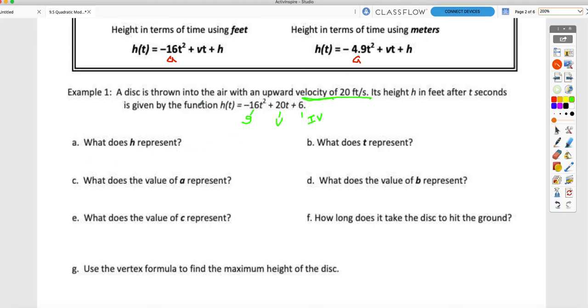What does h represent? It told us h is height in feet. So we're going to take the whole thing apart. And most importantly, h is a variable. Everything else up there is not. And h is the output.